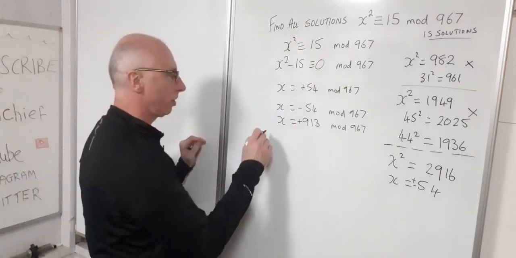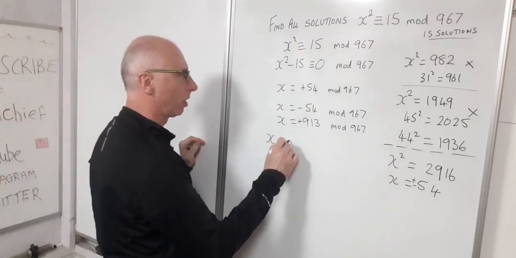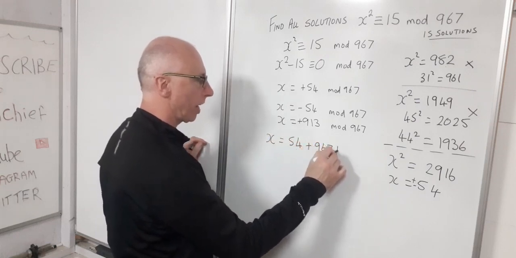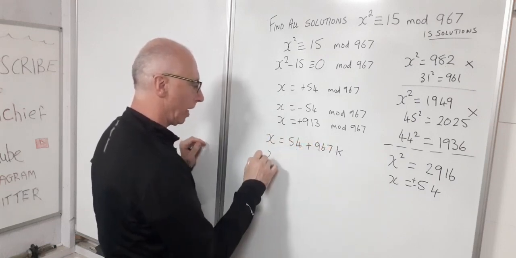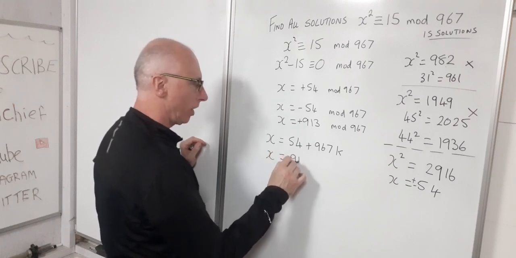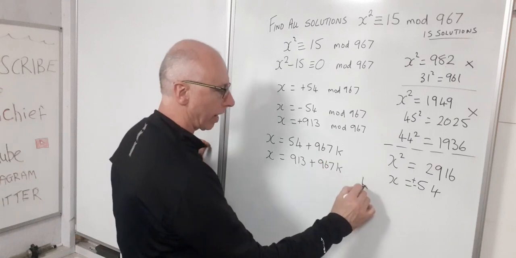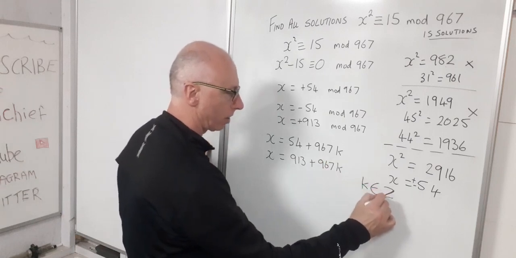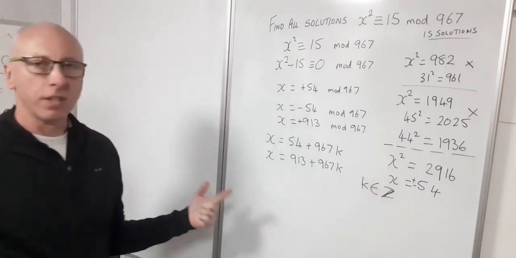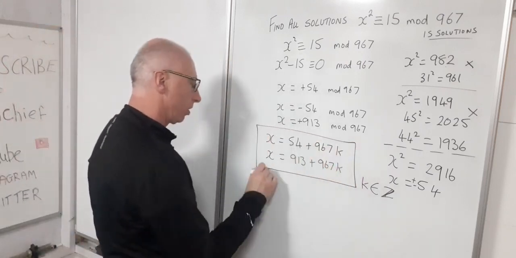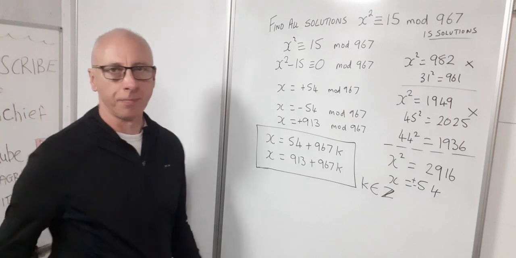So all the solutions are x equals 54 plus 967k, or x equals 913 plus 967k, where k is in the integers. Okay, so that's going to give us our final result. That's all the results to our quadratic congruence.